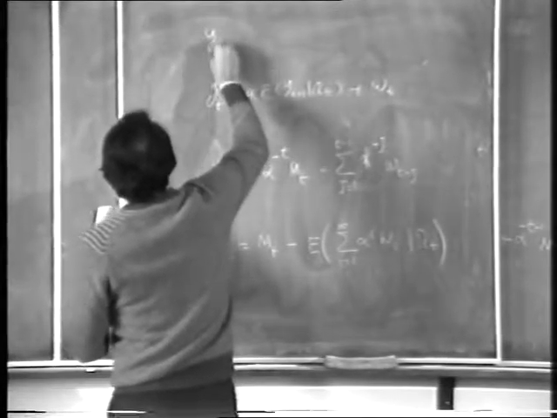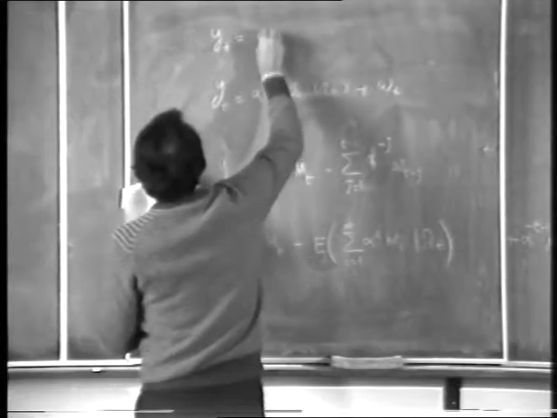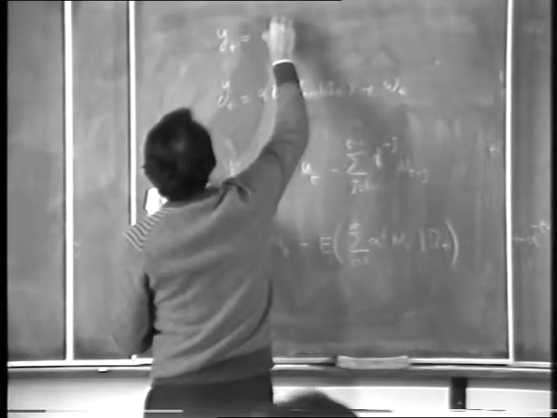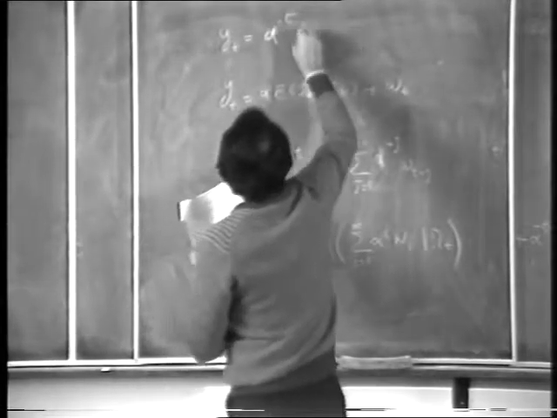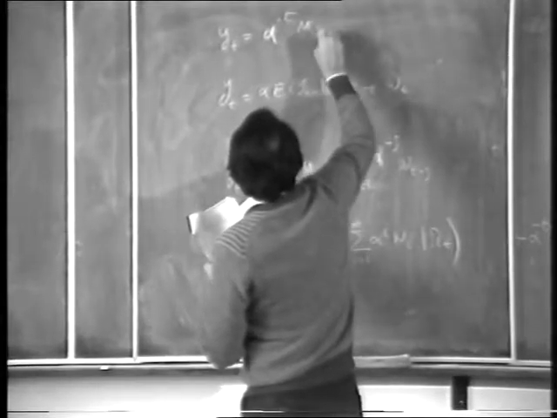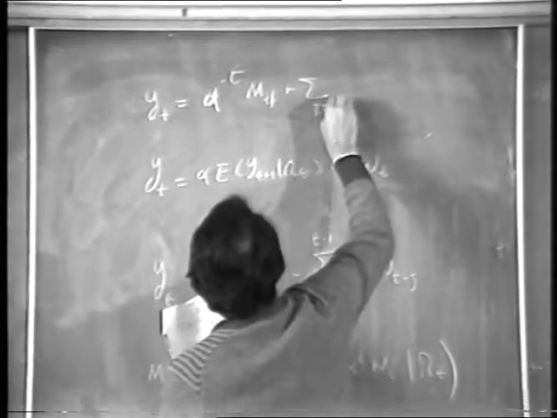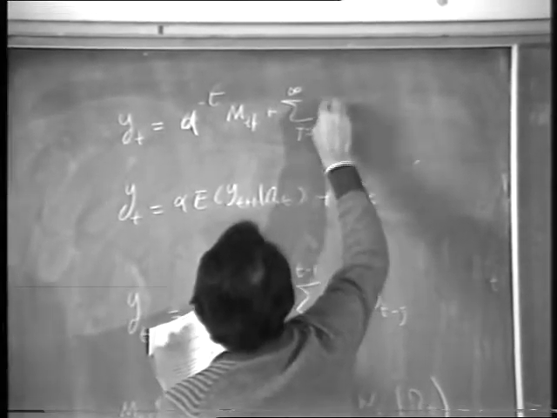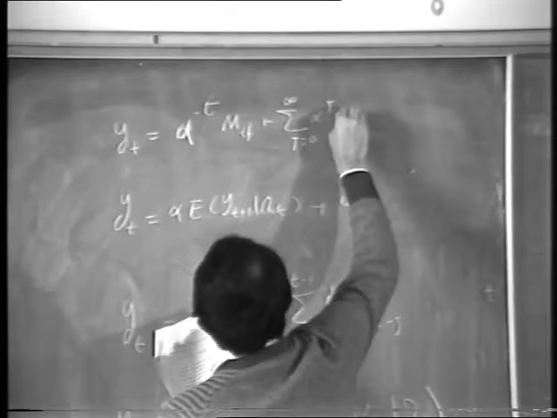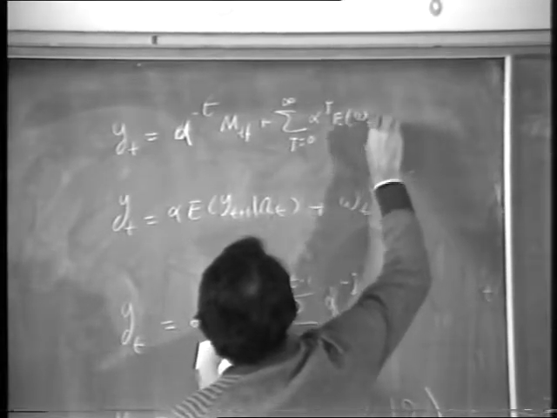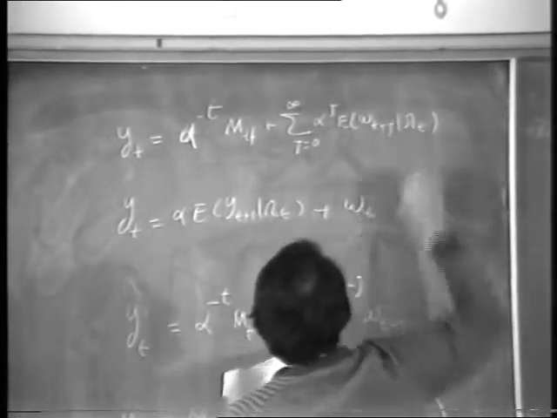So we get y_t equals alpha to the power minus t M_t^F plus the sum of j from 0 to infinity of alpha to the power j times the expected value of W_{t+j} given omega_t.